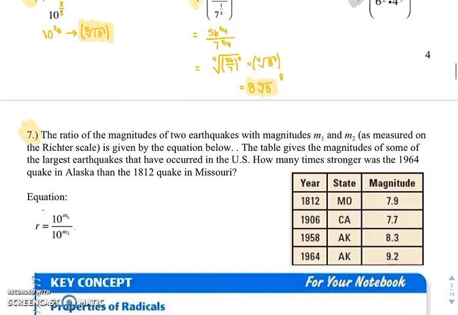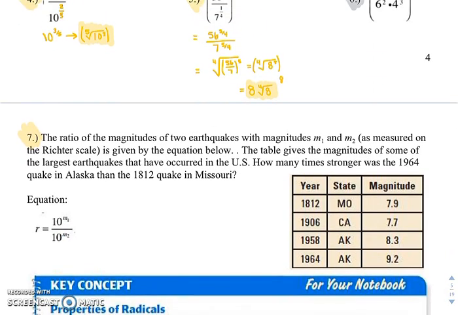For number 7, it says the ratio of the magnitudes of 2 earthquakes, magnitude 1 and magnitude 2, is given by the equation below. So the table gives the magnitudes of some of the largest earthquakes that have occurred in the U.S. How many times stronger was the 64 quake in Alaska than the 1812 quake in Missouri?